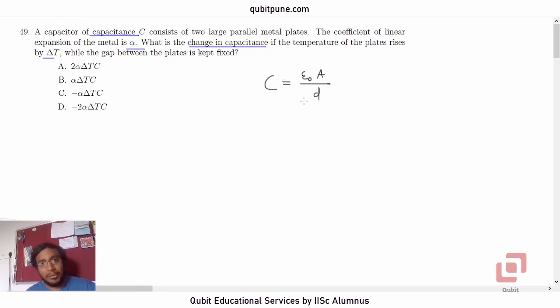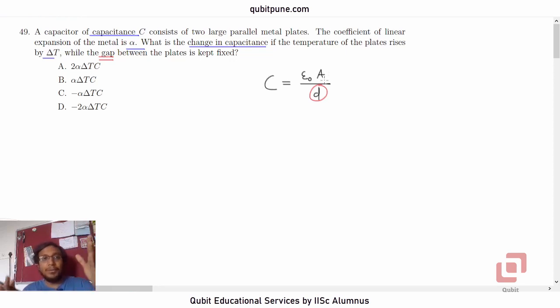D is also not going to change, because we are not given how thick the plates are. This D is not the thickness of the plates, it is the separation between the plates, and anyway they are saying that the gap is fixed, so D is fixed. So whatever change takes place in the capacitance will be because of area.